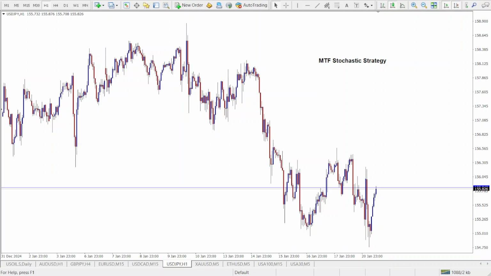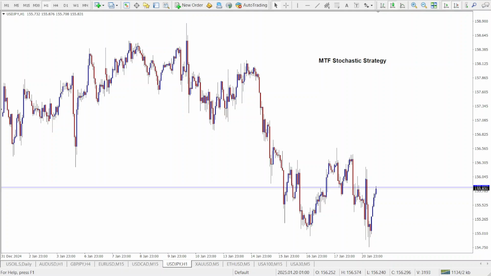Now, what exactly is the MTF Stochastic Strategy? Well, MTF stands for multiple time frames. And when combined with the stochastic oscillator, it is a tool that can help you to spot trends with greater accuracy.